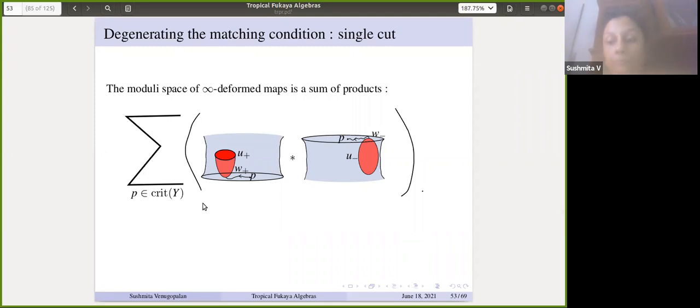So that's what I mean by degenerating the matching condition to split form.